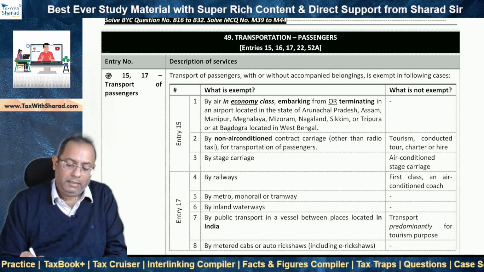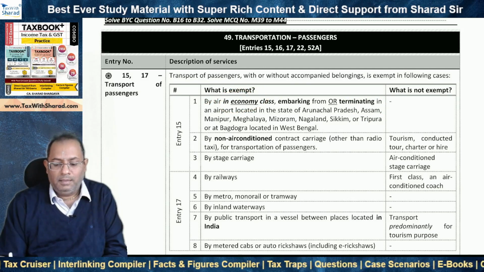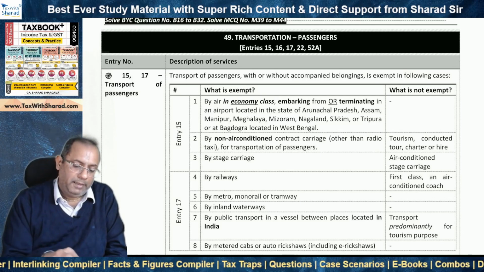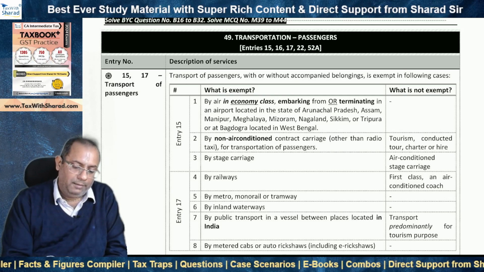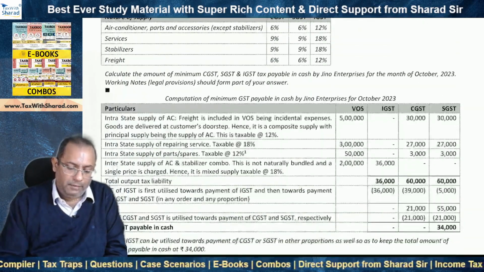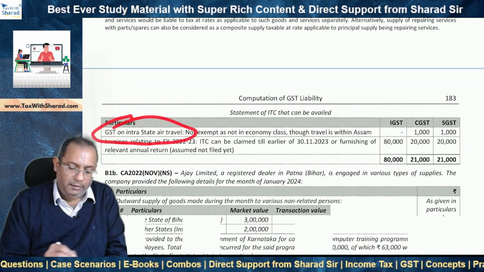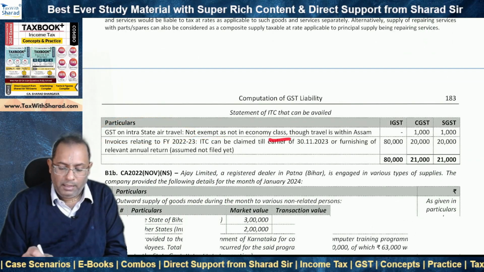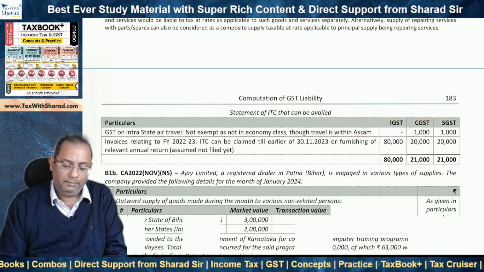So here the travel is within Assam, but the travel is not in economy class, it's in business class, so it will not be exempt, it will be taxable. Since it will be taxable, ITC will be available. So in the statement of ITC, GST on intra-state air travel not exempt as not in economy class, though travel is within Assam, and therefore ITC should have been availed.